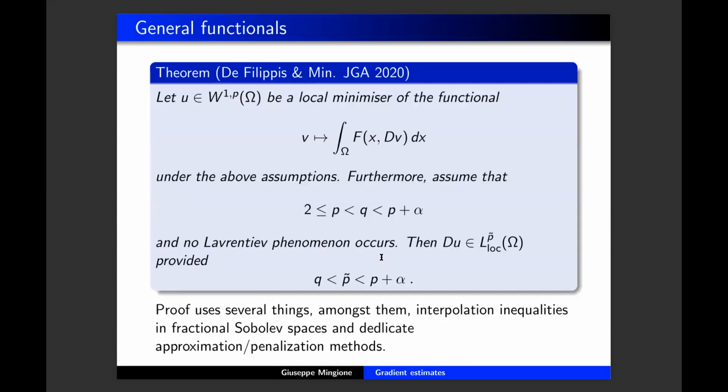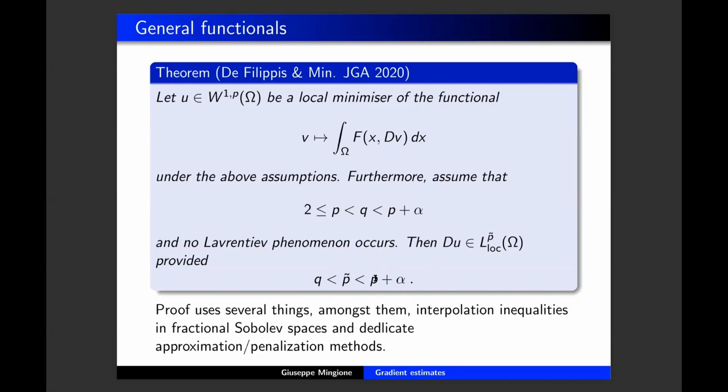And then I have this general result of Cristiana De Filippis and myself that tells you that if you take a local minimizer under essentially the same bound that was seen to play a crucial role in the double phase case, and the fact that there is no Lavrentiev phenomenon, then you can tell that the gradient is in W^{1,q} and is actually in every space L^{p tilde} for p tilde below p plus alpha.